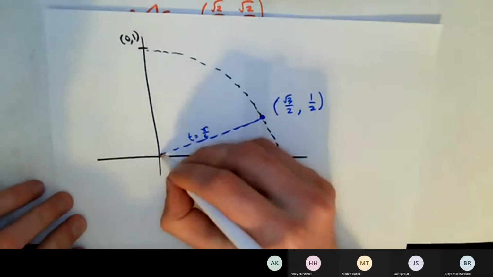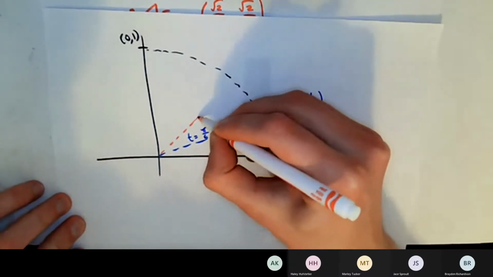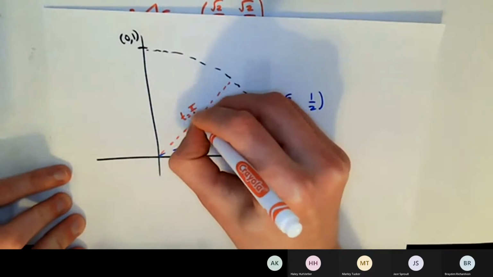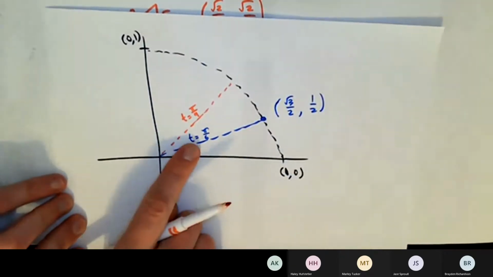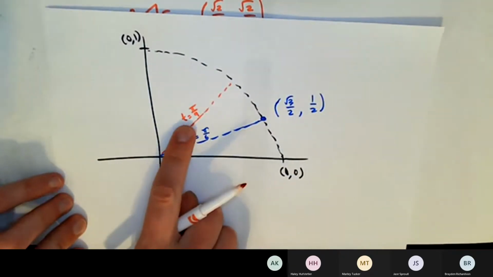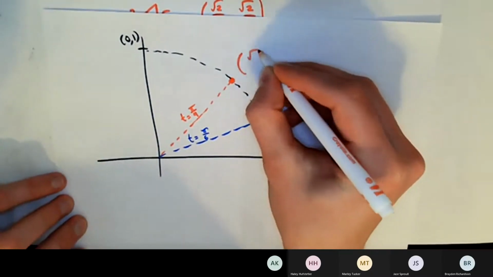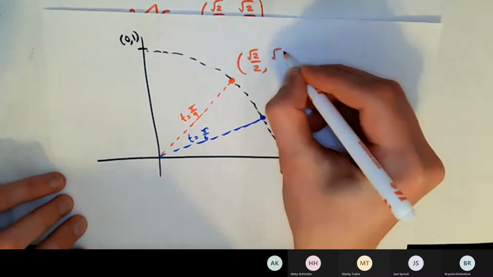Then right down the middle, the 45-degree angle, pi on 4. So t equals pi on 4. This blue one is t equals pi on 6, the red one is t equals pi on 4. And this one ended up being square root of 2 over 2 for both x and y.